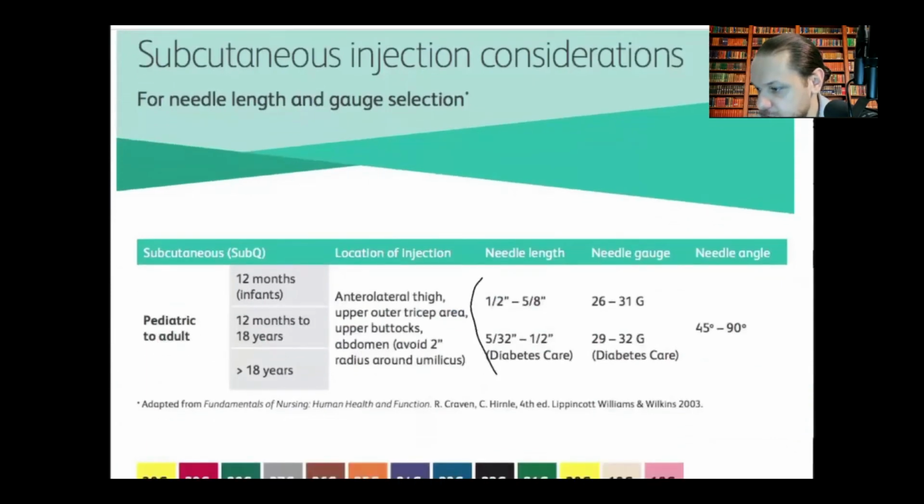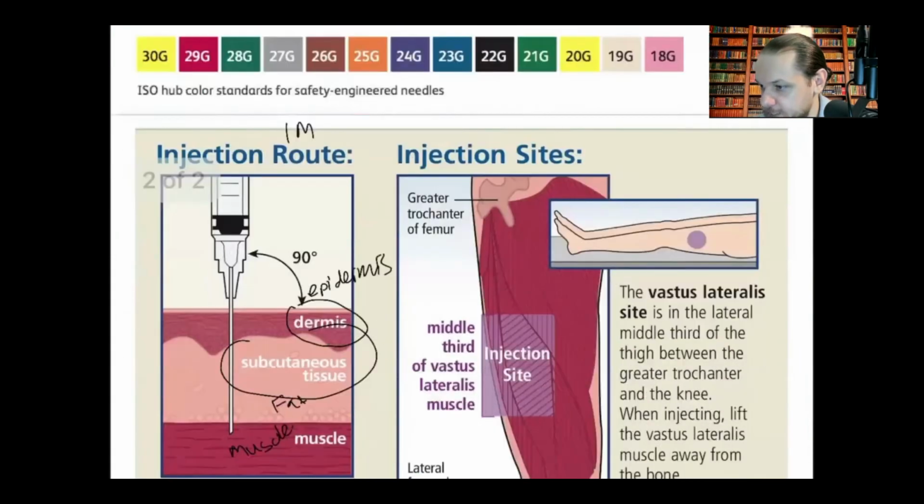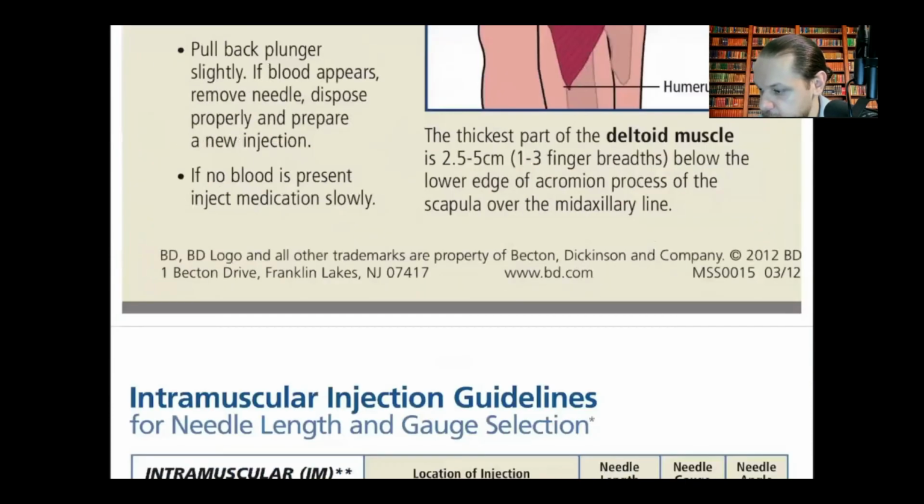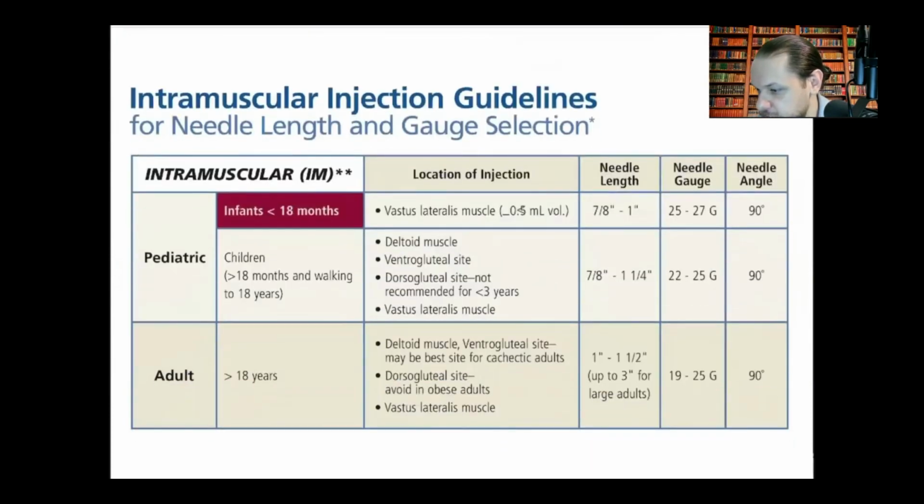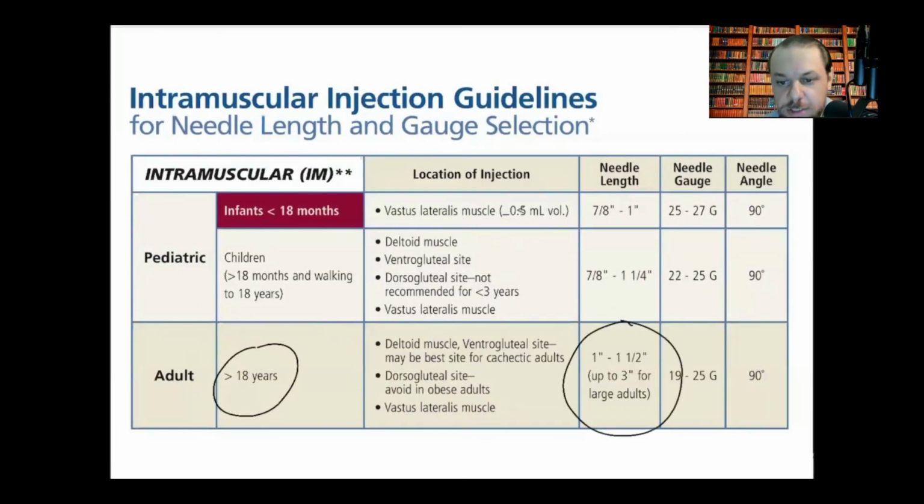So the length of the needle, if we look right here, all of them are less than an inch, 1.5 inch or 5/8. But for an IM injection, for an adult person, the needle length is 1 inch or greater.